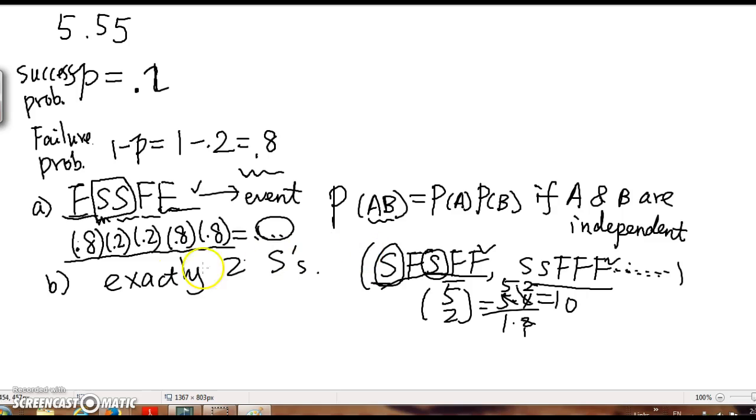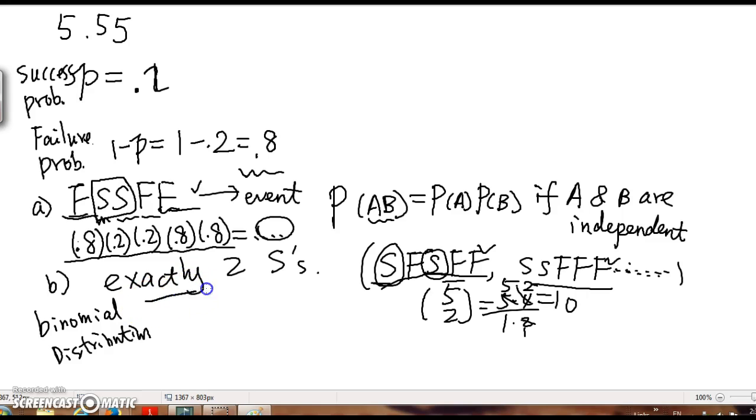So in this case, you can use our binomial distribution formula. That's exactly how we got this formula, because the binomial distribution formula does not care about which trial is a success. Is the first trial a success, second or the third? We don't care.